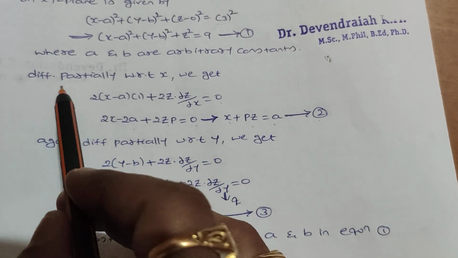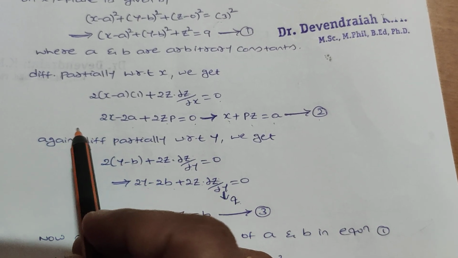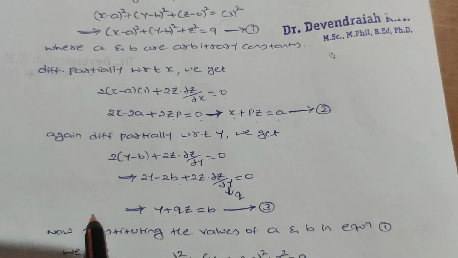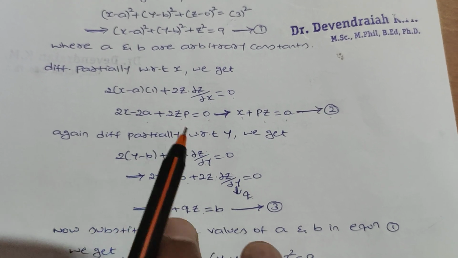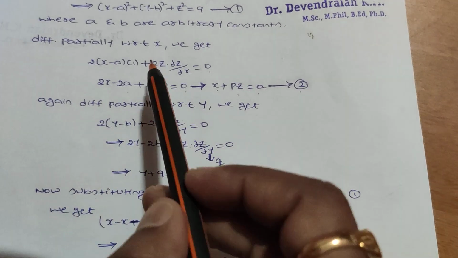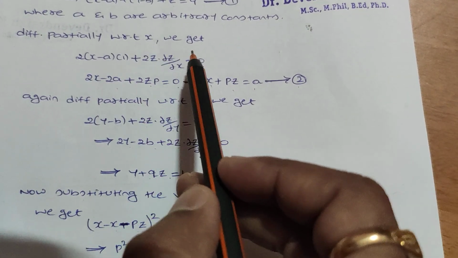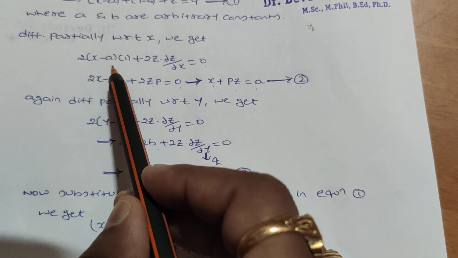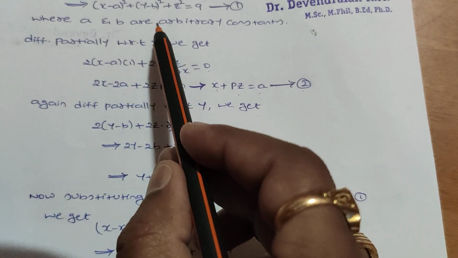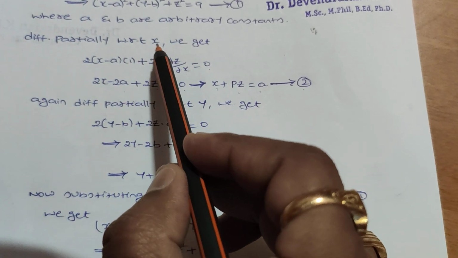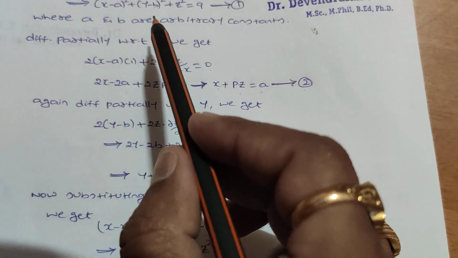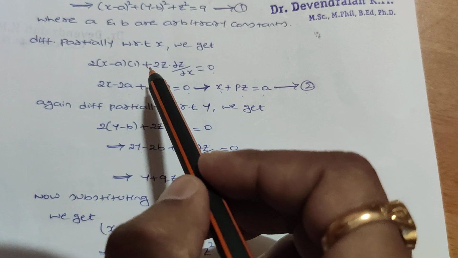In one step, we differentiate partially with respect to x. Similarly, in another case, we differentiate partially with respect to y. When we partially differentiate with respect to x, we get 2 times (x minus a) into 1. As we know that y is a constant when we partially differentiate with respect to x, the derivative of y will be considered as 0.